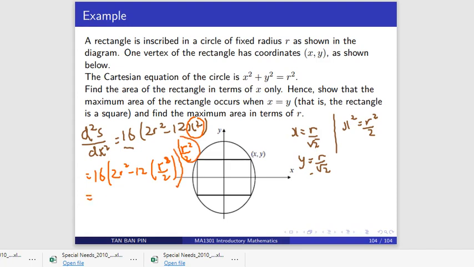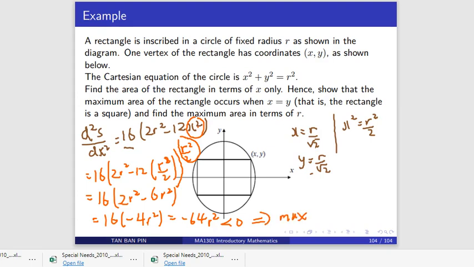So with that, you get 16 bracket 2r squared minus 6r squared. So this will give you negative because it's 16 times minus 4r squared, which is minus 64r squared, so less than 0. This implies maximum area.